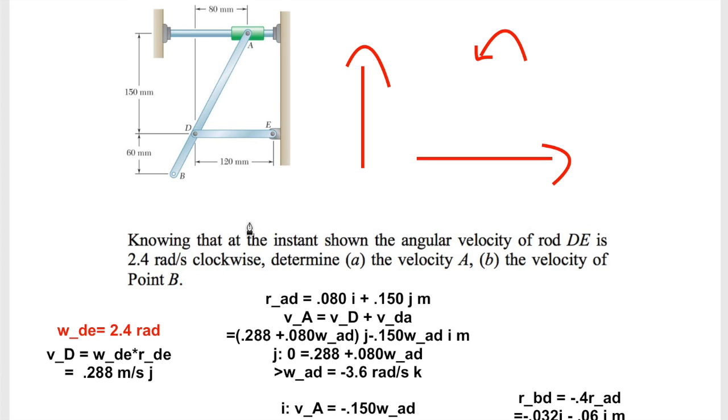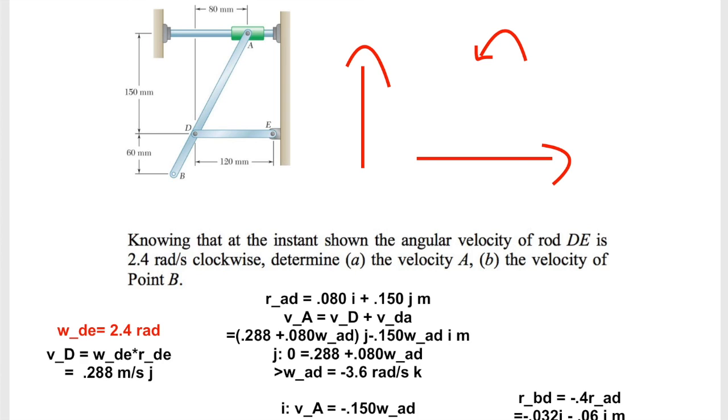We're going to look over from this D to B. From this drawing and the dimensions we're given, we know that R_DB equals negative 0.4 rad, and we get this here just because putting 60 over 150 we get that 0.4.